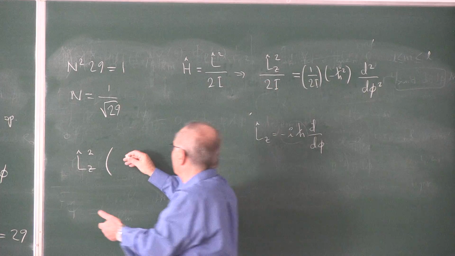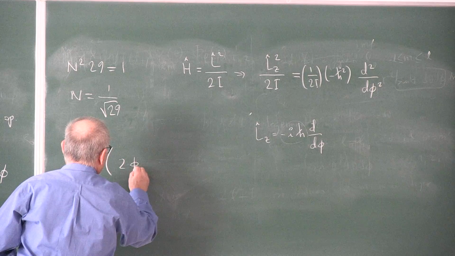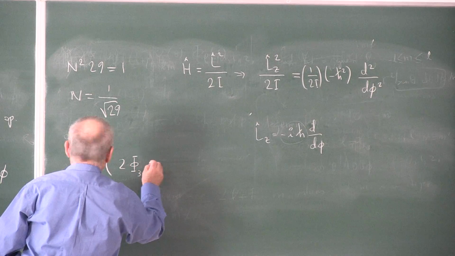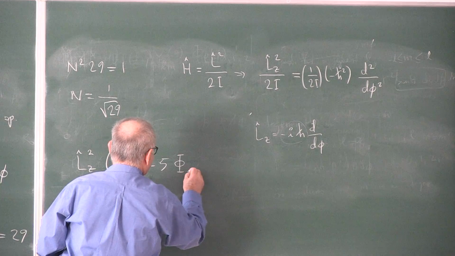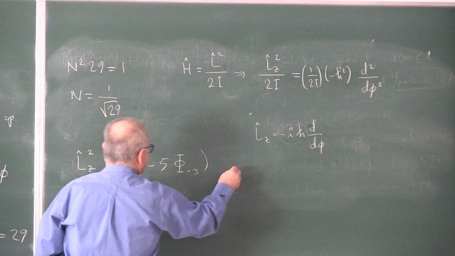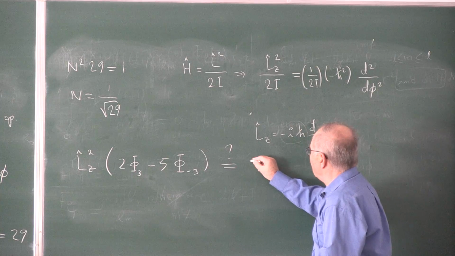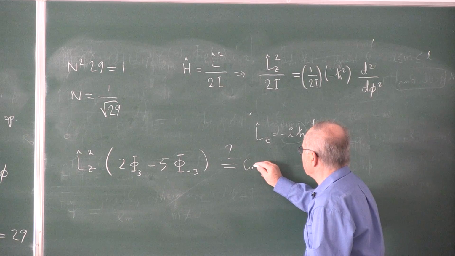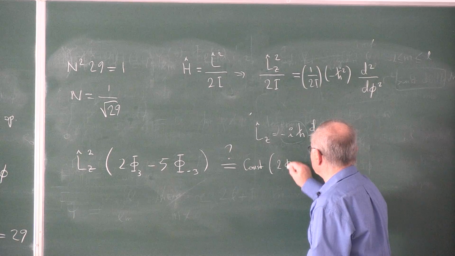So, 2 times phi 3 minus 5 times phi minus 3. And the question is, yes or no, constant times the same function.